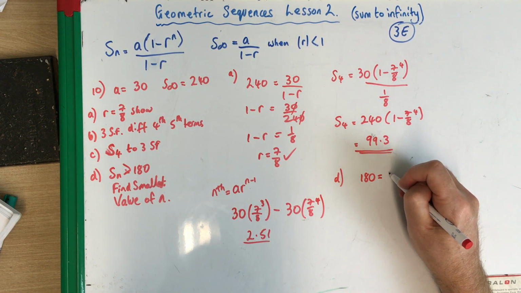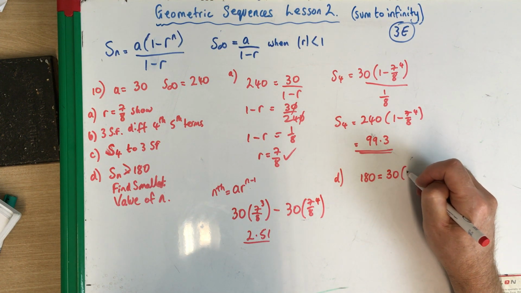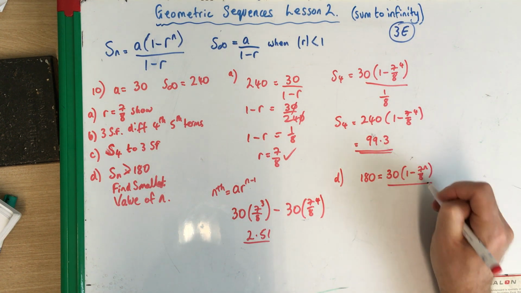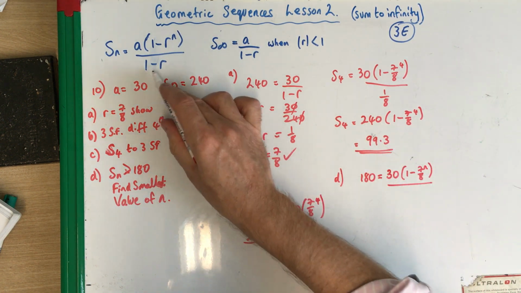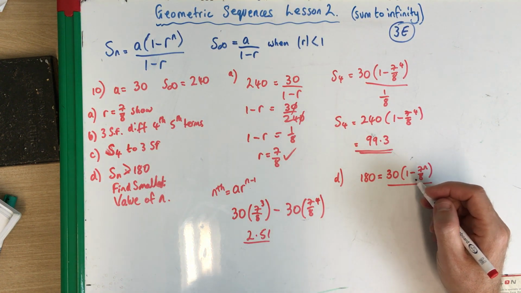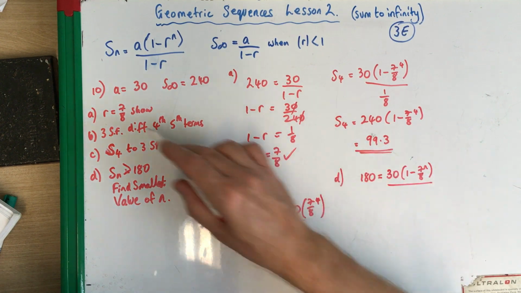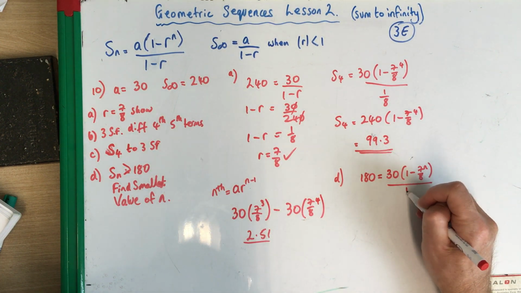So I'm going to go 30 times 1 minus 7/8 to the power of n, all over 1 minus 7/8 again, so it's an eighth on the bottom.